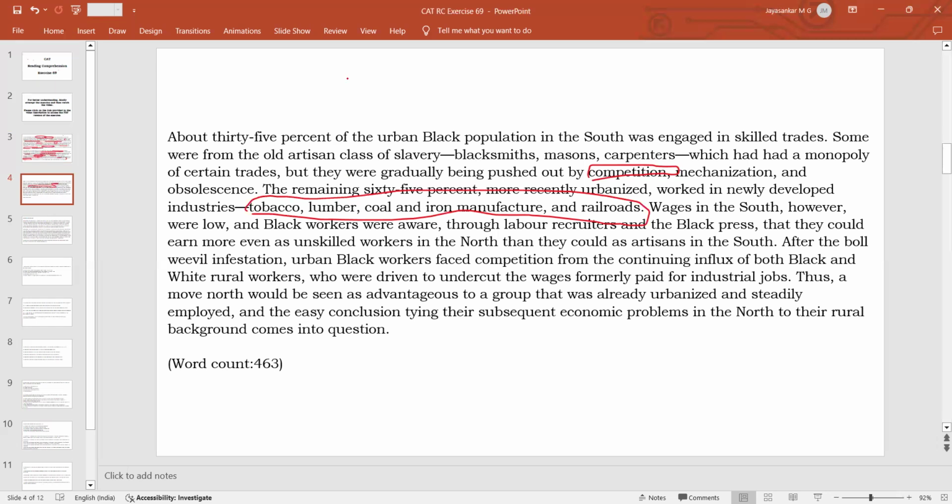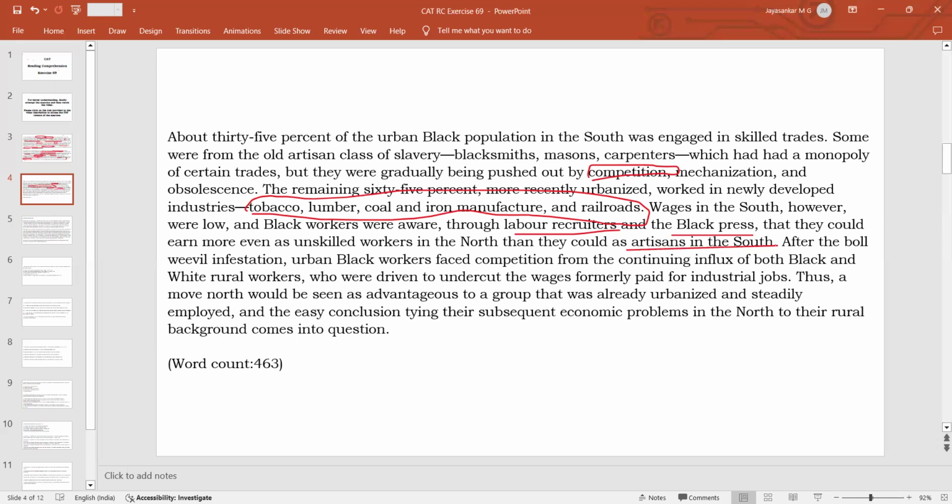They knew from the labor recruiters, means people who are recruiting people for jobs, and from the black press. What is the black press? The newspapers that are mainly meant for the black people. From the labor recruiters and the black press, these workers in the cities in southern United States understood that they can earn more as an unskilled worker in northern United States than they can earn as a skilled worker in southern United States.